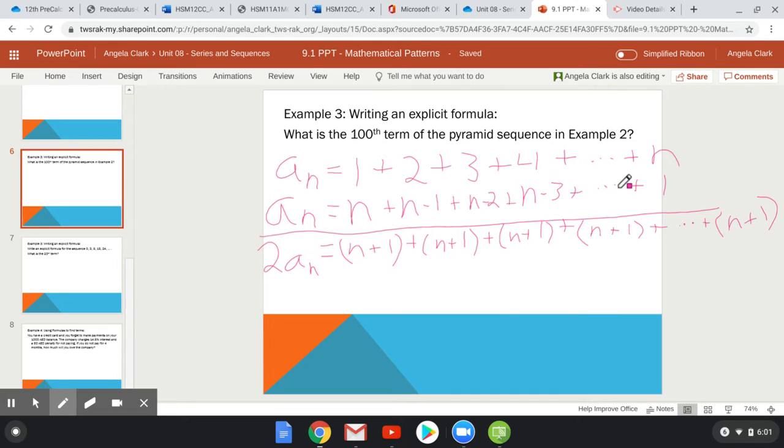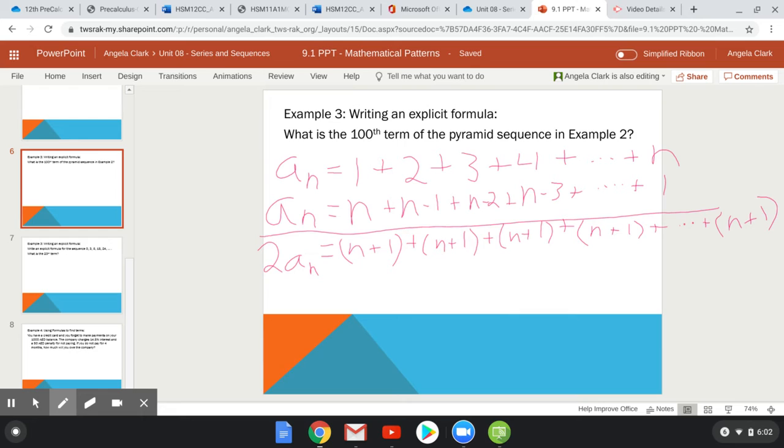That makes sense, because we start with what we ended with, since I just took this and wrote it in reverse order. These are very much equivalent. So this is going to happen n times, because I went from 1 to n in my first one. So I have n plus 1, n times. I have n plus 1 plus n plus 1 plus n plus 1, and I have n of these.